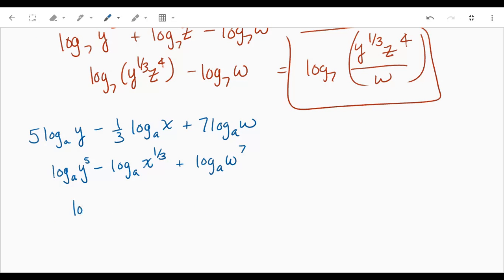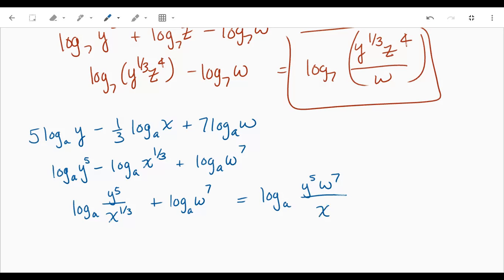So it's going to be log base a of y to the 5th over x to the 1/3 plus log base a of w to the 7th. Okay, so now we combine these. The w to the 7th will be in the numerator. So y to the 5th, w to the 7th over x to the 1/3.